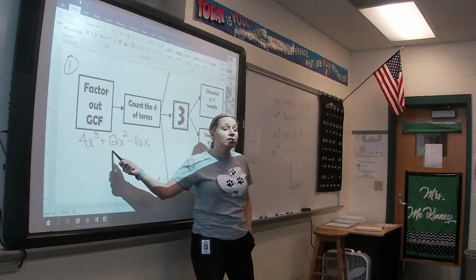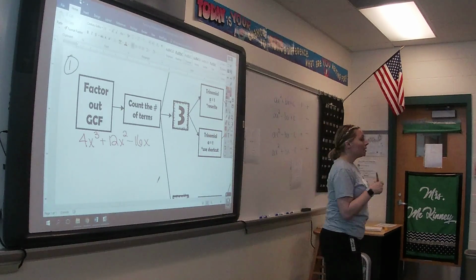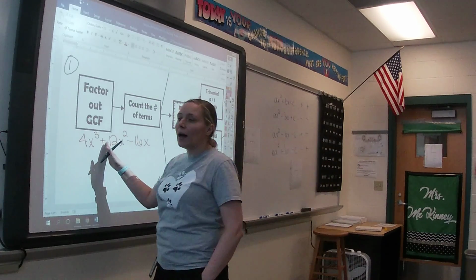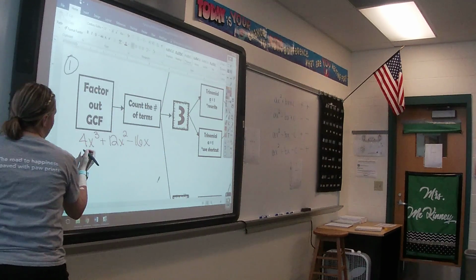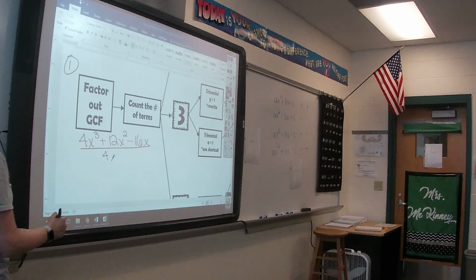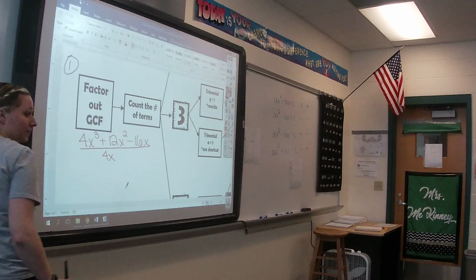So does this have a GCF? Yes. What goes into 4 that will also go into 12 and also go into 16? 4. Do they all have the variable? Yes, it's x, so we can factor out a 4x.